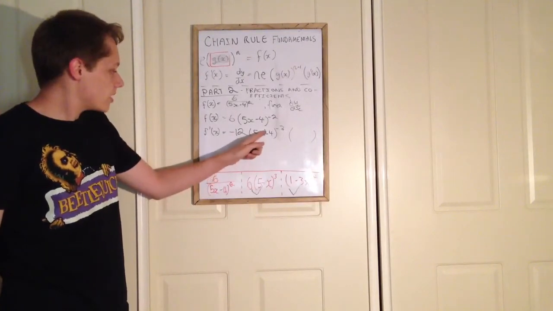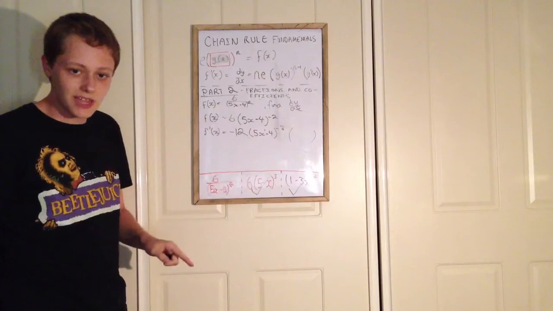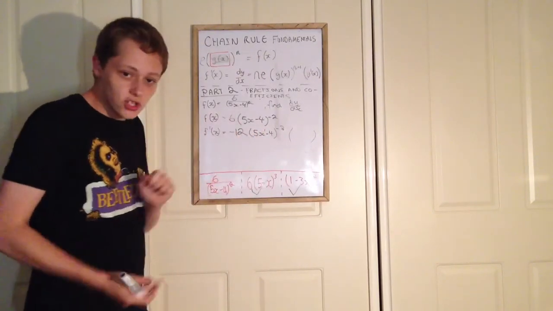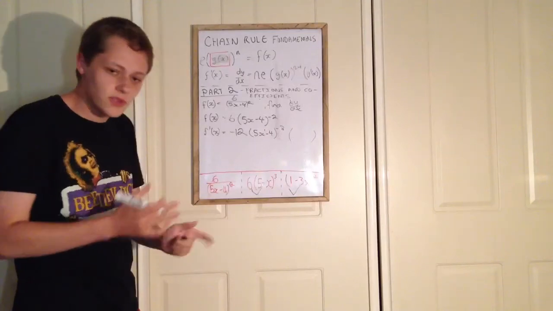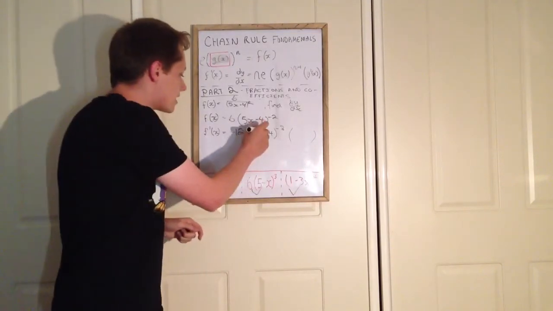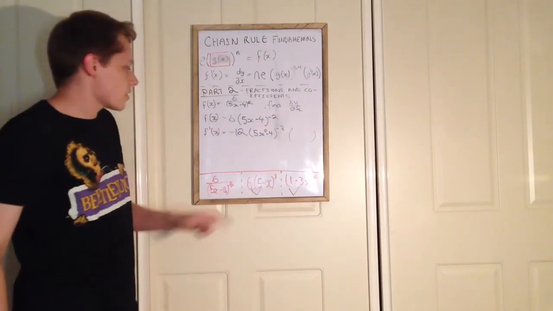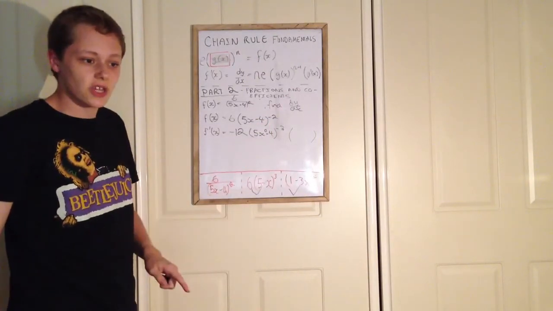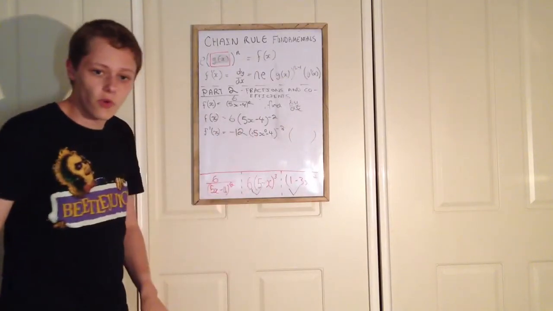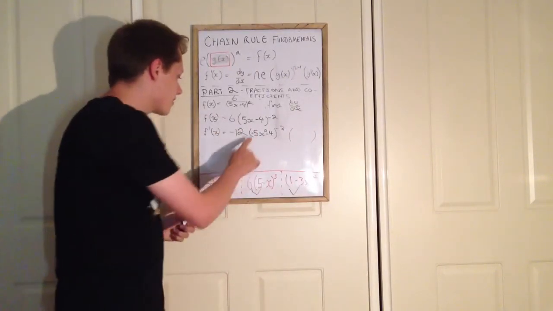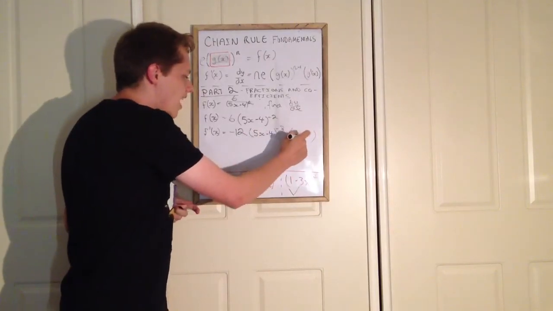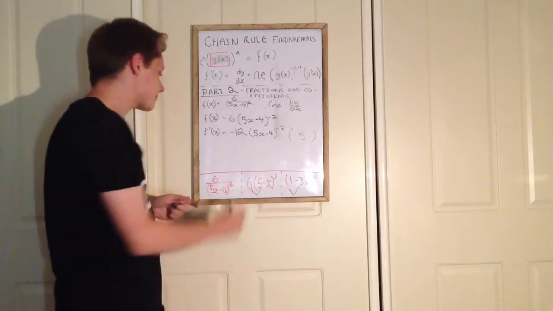Well, we're going to bring that 1 down, and this is based on the power rule. We always bring the exponent down to the coefficient. 1 times 5, 5. And then we subtract 1 off the end. So x to the 0 is just going to be 1, and when we have 1 times 5 from before, that's going to be 5. So our derivative for this is going to be 5, based on the power rule.